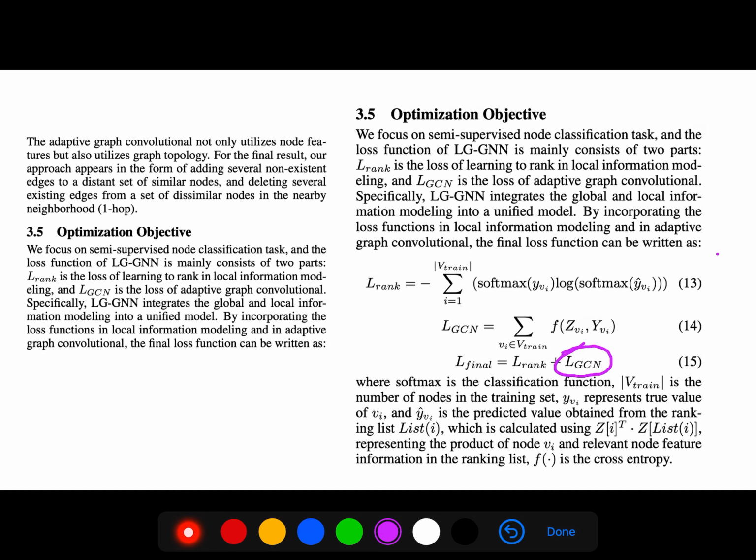So we focus on semi-supervised node classification, and the loss function mainly consists of two parts. This rank is the loss of learning to rank in local information modeling, and this one is the loss of adaptive graph convolution. So it integrates the global and local information into a unified model.